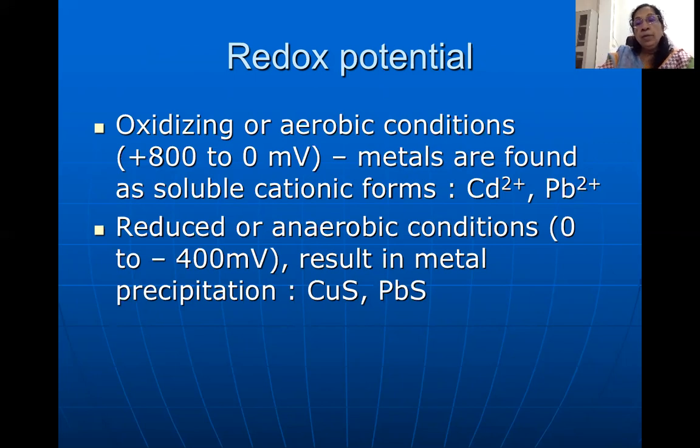In anaerobic conditions, normally sulfate reducing bacteria prevail under strict anaerobic conditions. They reduce sulfate to sulfide, hydrogen sulfide, and these sulfides react with the metals to form different metal sulfides.